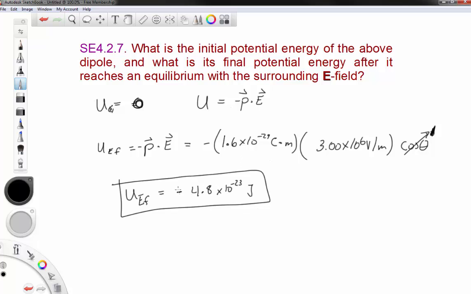Note that this is negative, whereas this is 0, so it's now at a lower potential energy than it was initially. So that means that it is at a lower energy state. It means that it will take work to rotate back from this state to the initial perpendicular state.